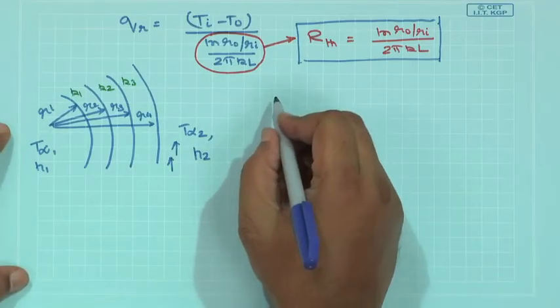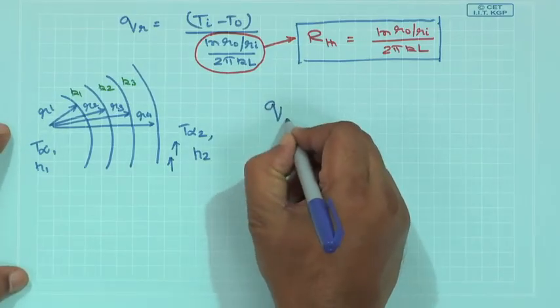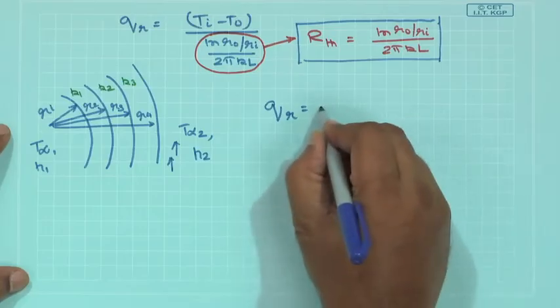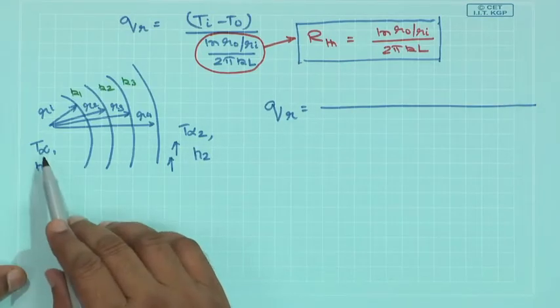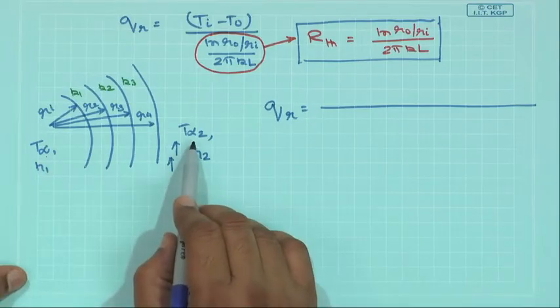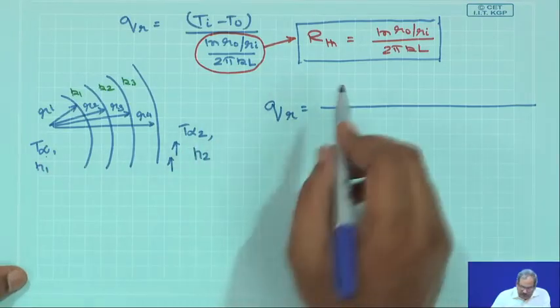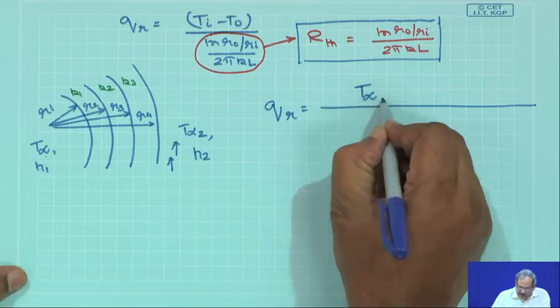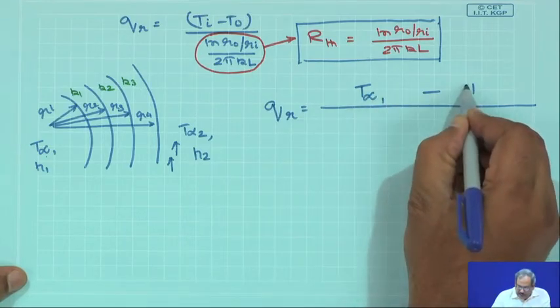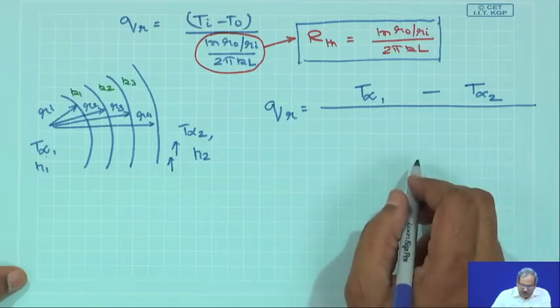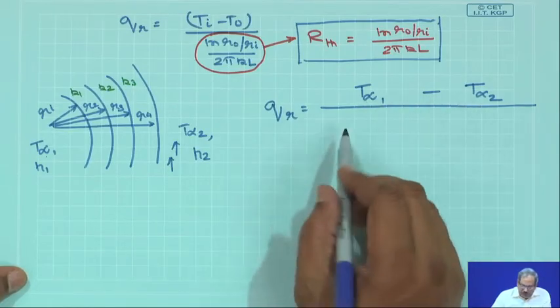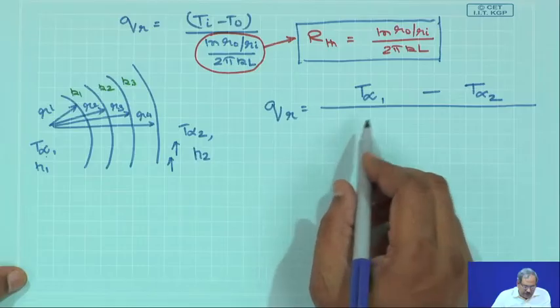The radial flow of heat is due to the temperature difference inside minus outside, so you have T infinity 1 minus T infinity 2, that's the reason why the heat is flowing, divided by the sum of all resistances.